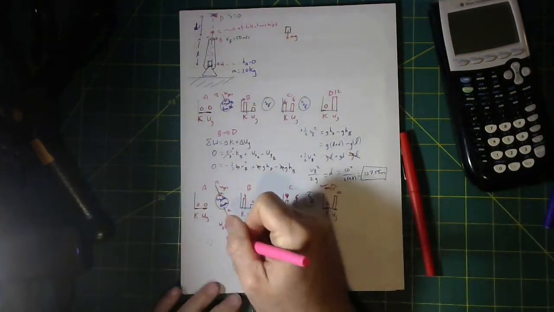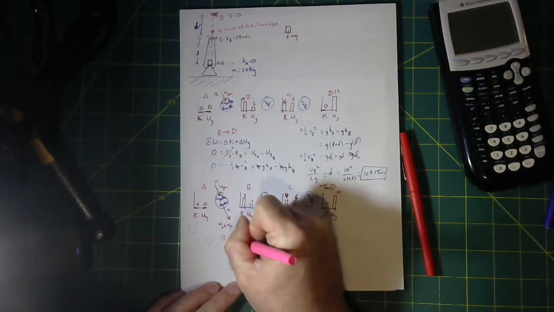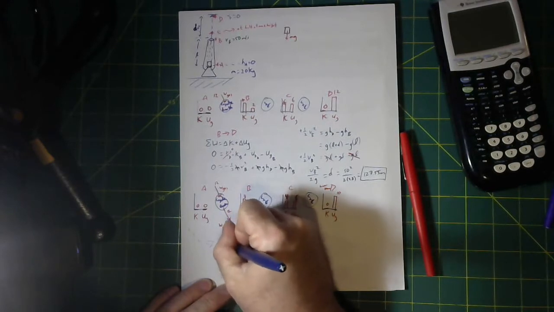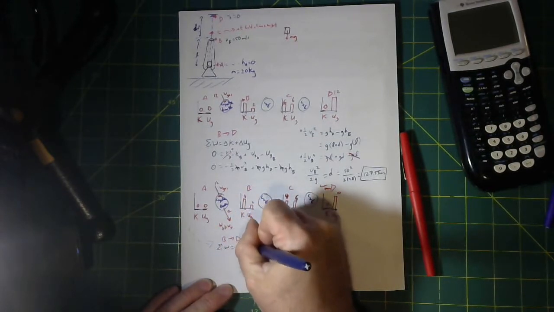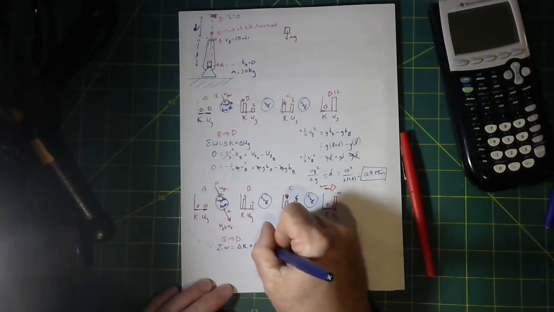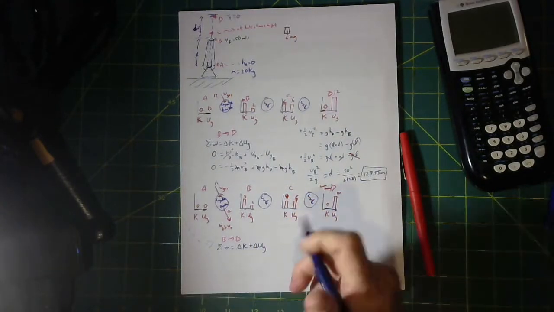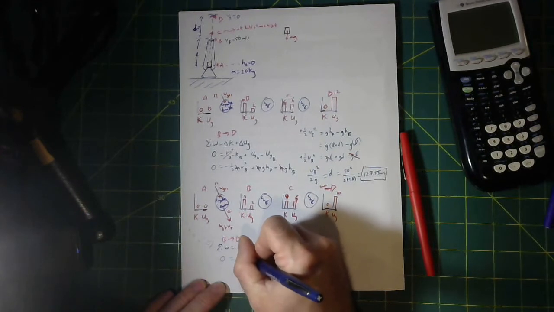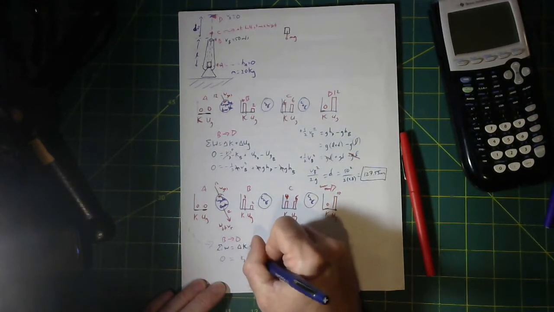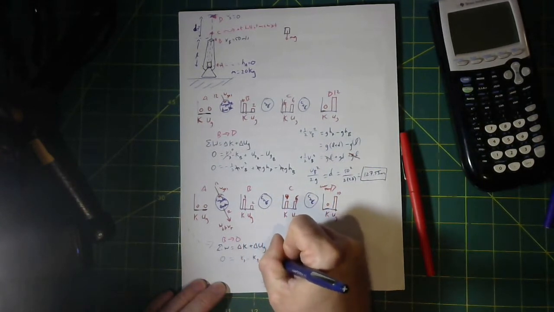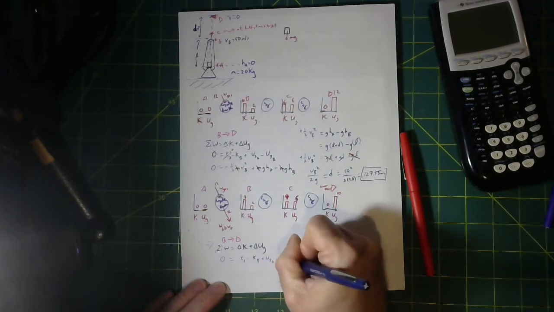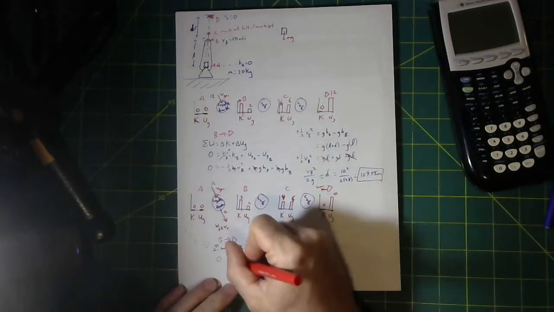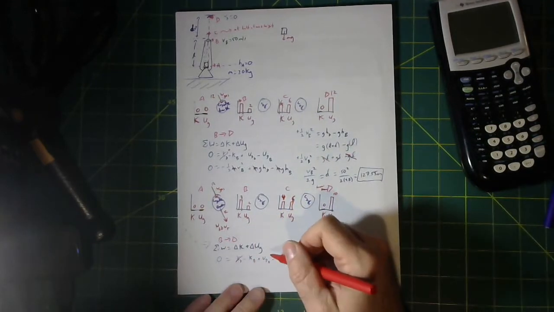All right. So I'm still going to go from B to D. I'm still going to do sigma W is delta K plus delta UG. I'm still going to say, hey, we have kinetic energy at D minus kinetic energy at B plus UG at D minus UG at B. We're still going to say, hey, at the peak, the speed is 0. So that drops, right?